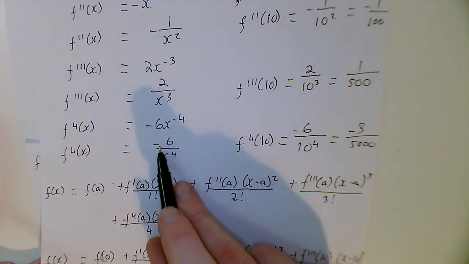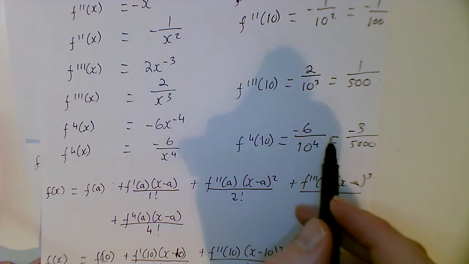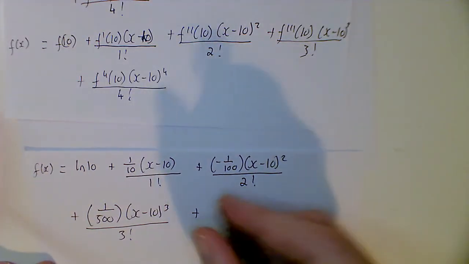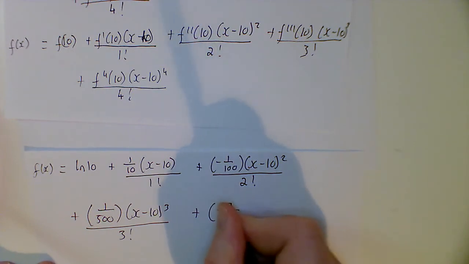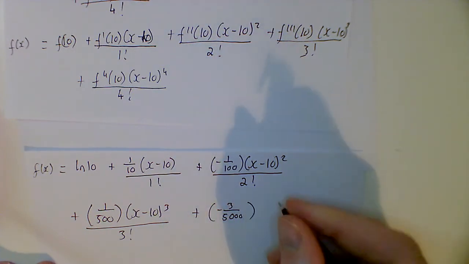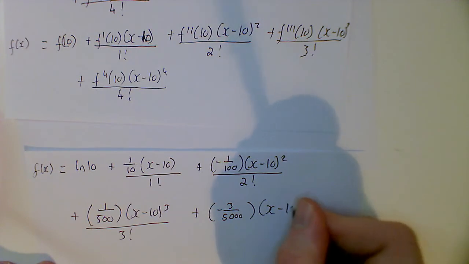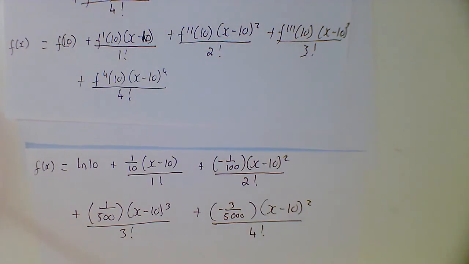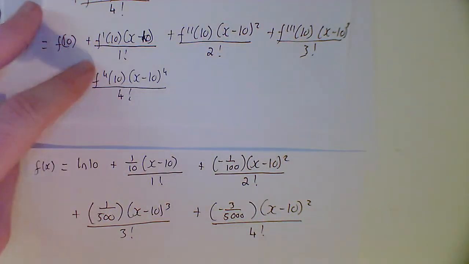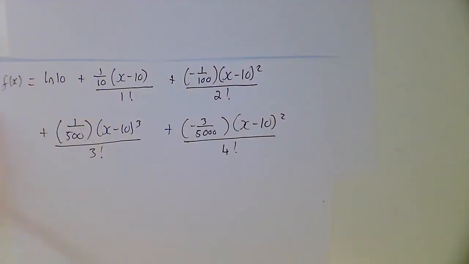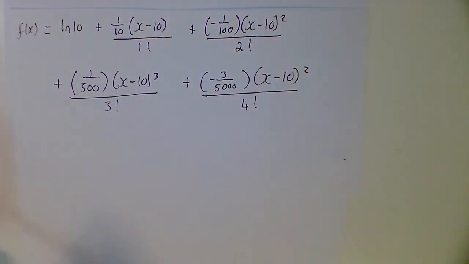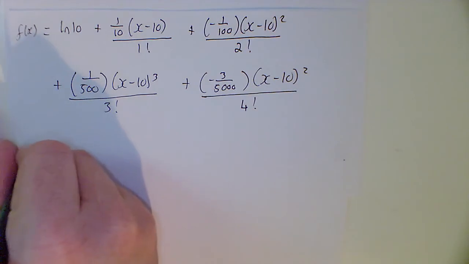So your fourth derivative should be negative, I missed it, that would be negative from there to there. What's that? Negative 3 over 5,000. Okay, so just substitute in all those coefficients, because we found out the derivatives, we could get those 5 coefficients. I'm just going to leave the ln 10 as it is.